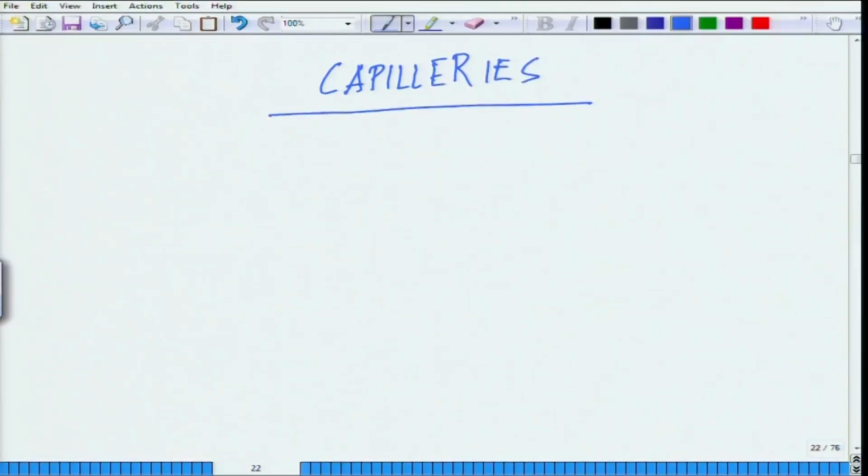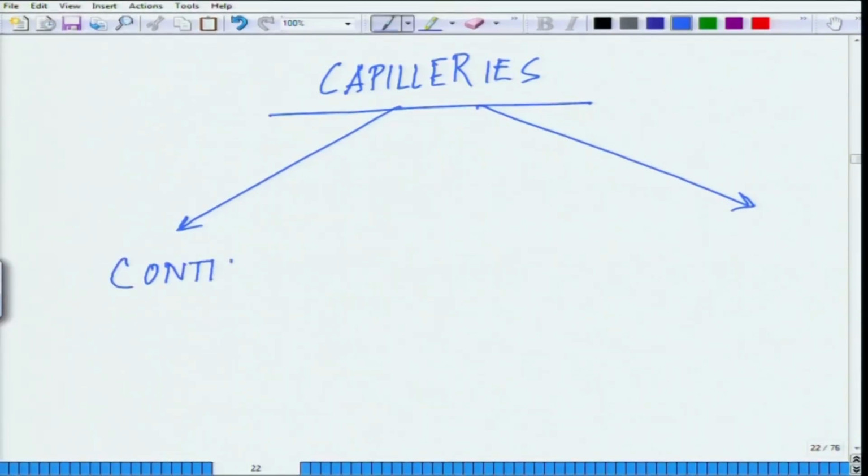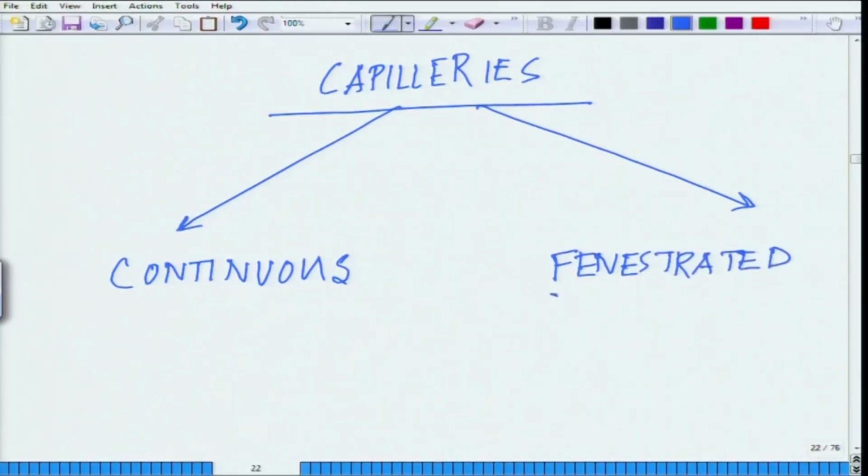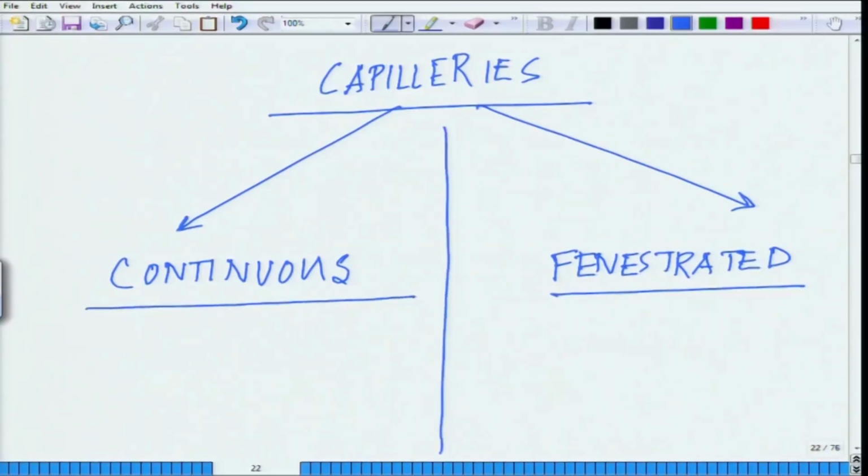Capillaries are classified into two broad headings. One is called continuous capillaries, the other one is called fenestrated capillaries. There are certain basic differences between the two, and that is what we are going to highlight.